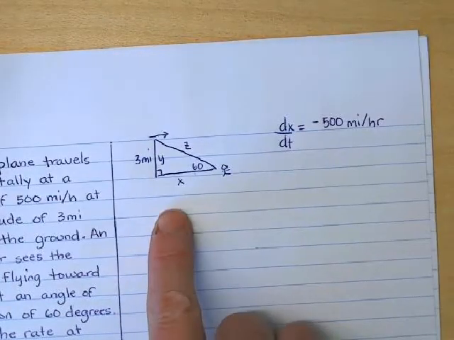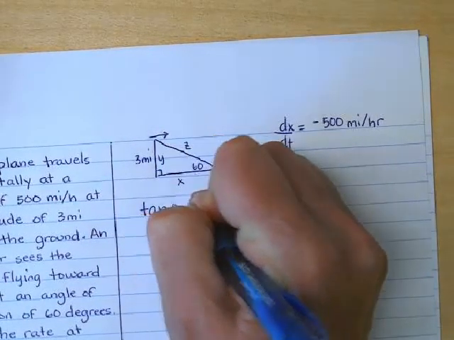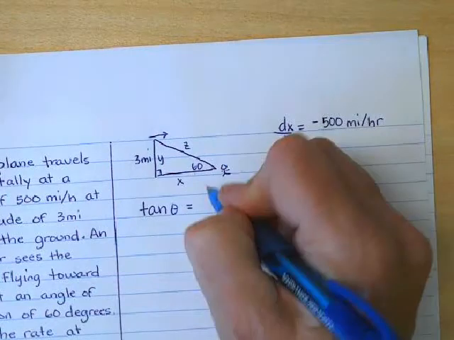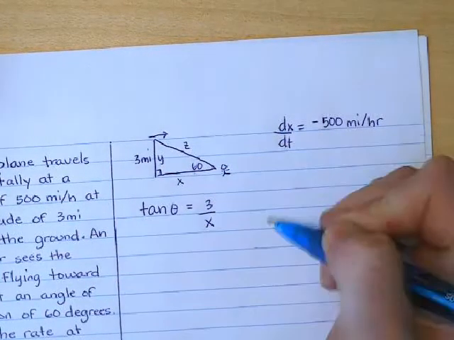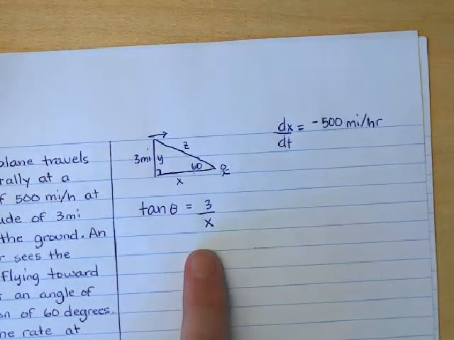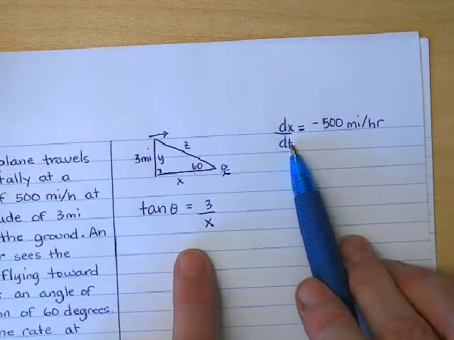So I'm thinking tangent. The tangent of theta is opposite over adjacent.